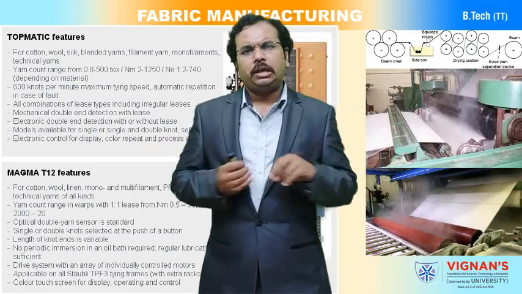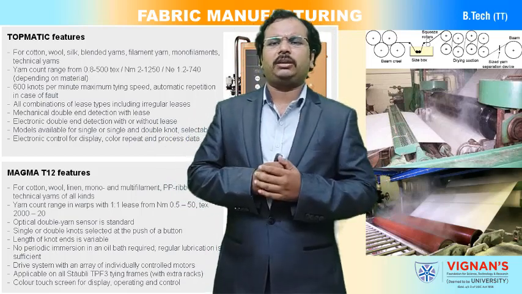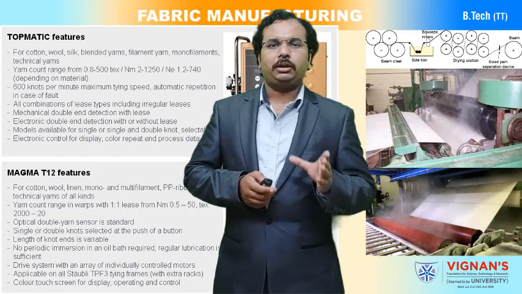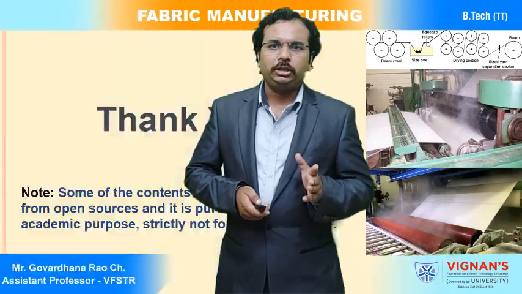If it is a different quality, multicolor, sophisticated design, or complicated design, in that case we are going for the drawing in and denting process. Okay, so this is all about the knotting.